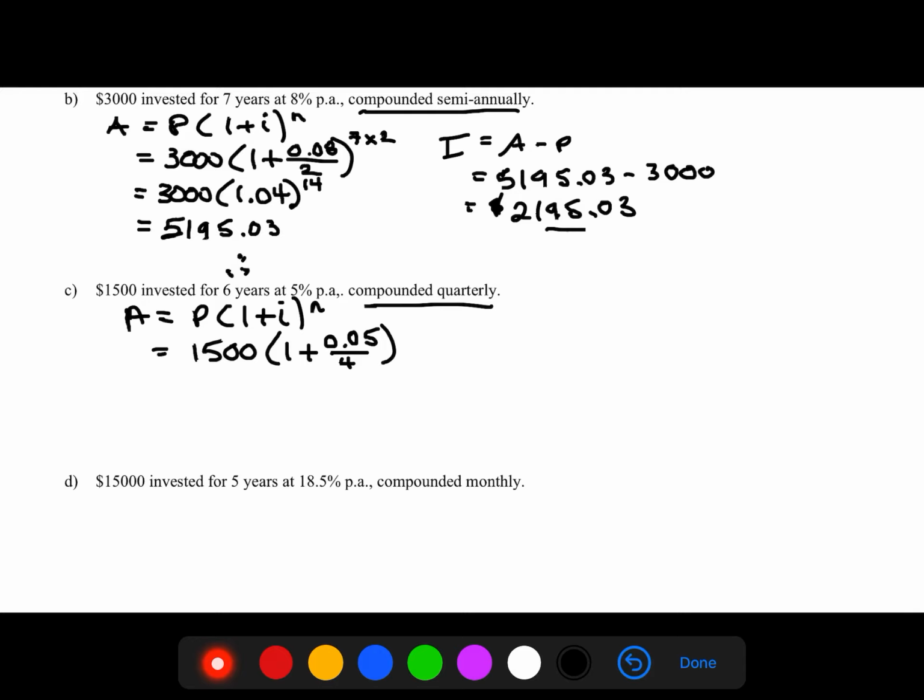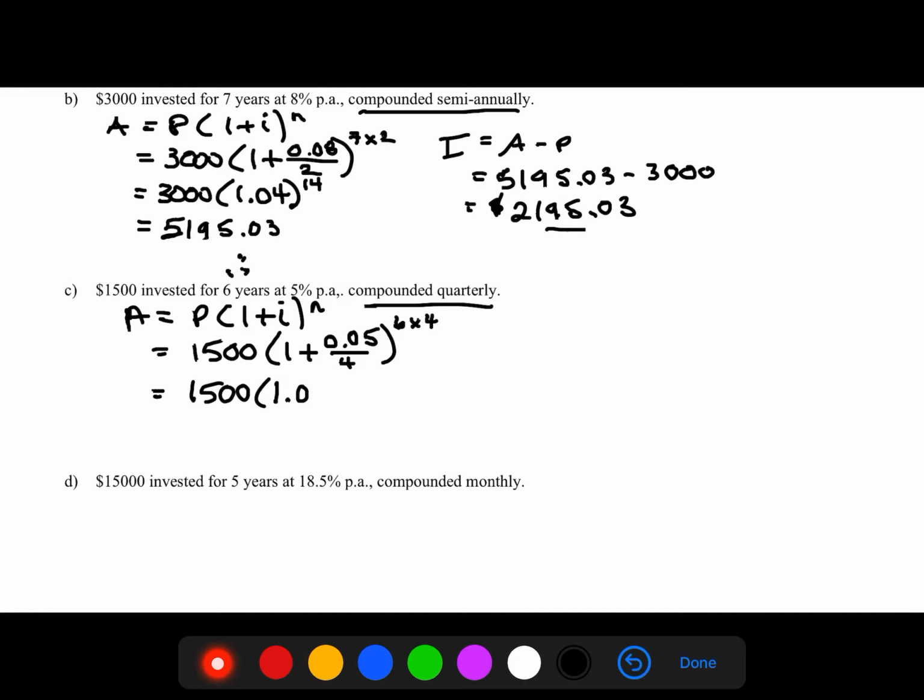So every quarter of a year or 4 times a year, meaning that we have to divide by 4. Our interest rate is only for 1 quarter of the year. So we have to change the interest rate to a quarter of a year. And the number of times we're going to calculate interest, 6 years and 4 times per year.